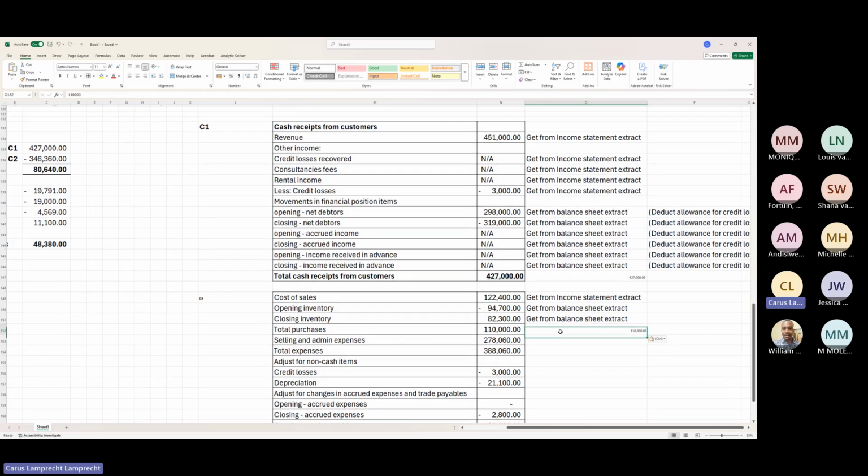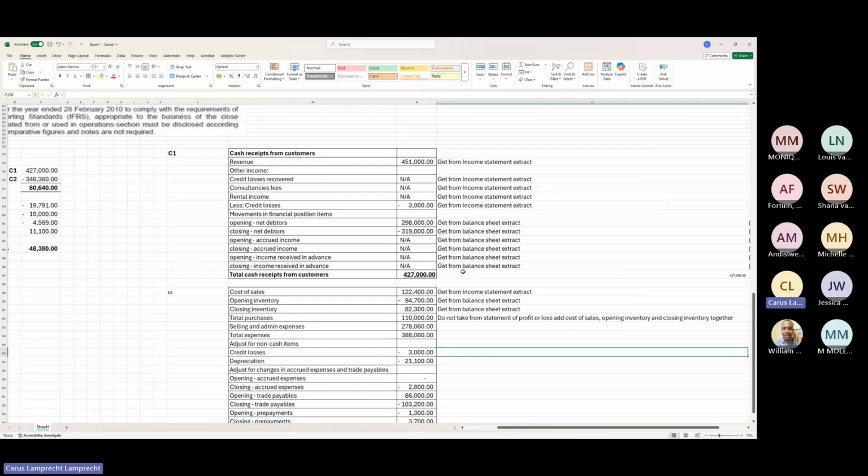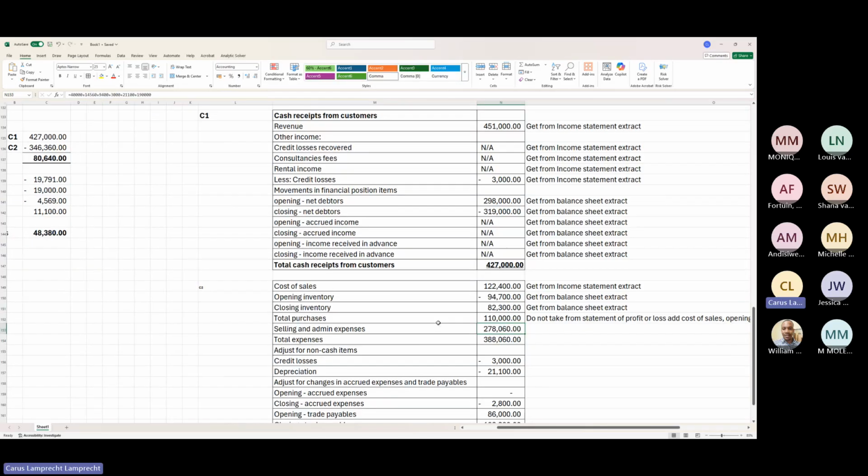Okay, cool. I'm just gonna put a note in there. Selling and admin expenses.